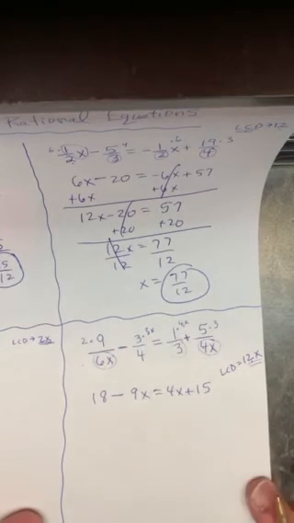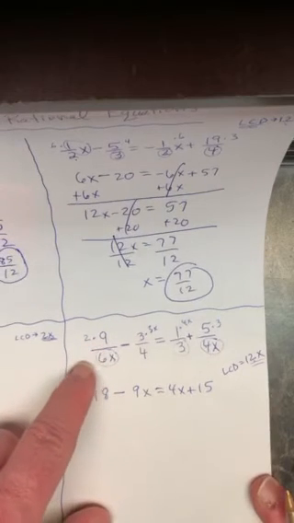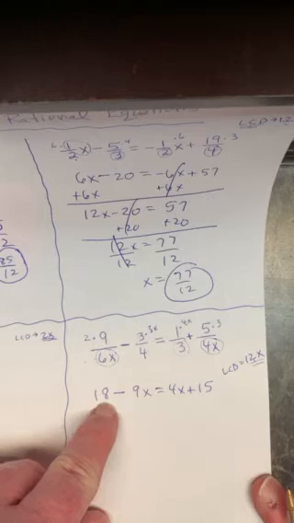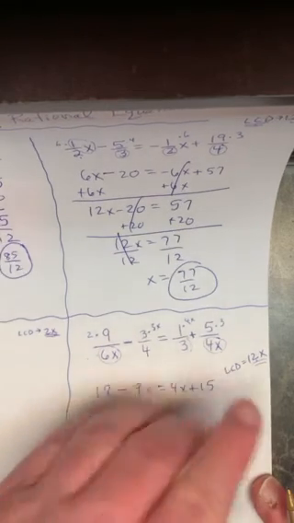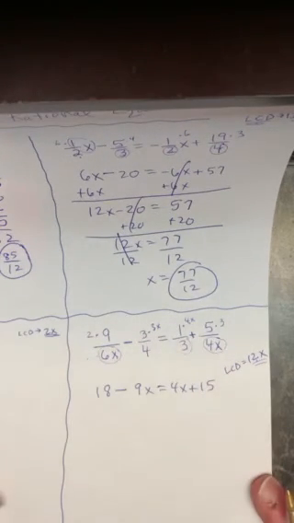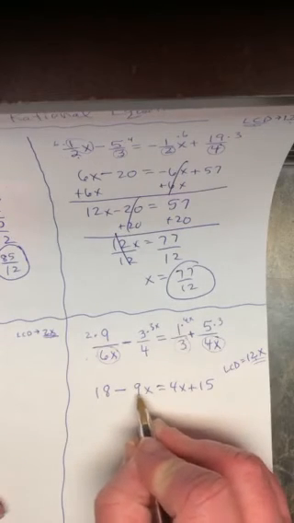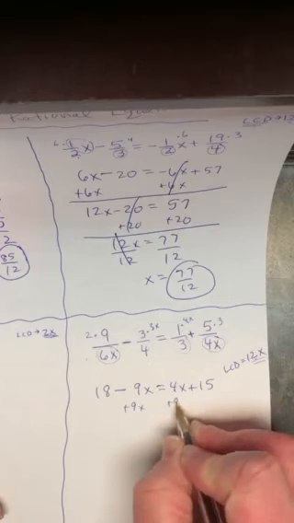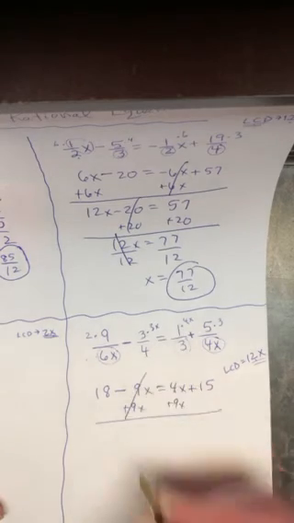So guys, if you attack these problems correctly, you should end up in your first step down here with a nice normal looking equation that no longer has any fractions. Now obviously here, since there's an x on the left and an x on the right, I'm going to add over my 9x. Those would cancel.